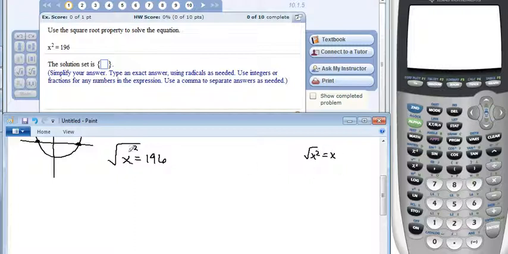So what I'm trying to do is solve for x. So I have to square root on both sides. Whatever I do to the left side, I have to do to the right side. So the square root of a square is x. And let's see about the square root of 196. I'm thinking that might be a perfect square. It's 14.